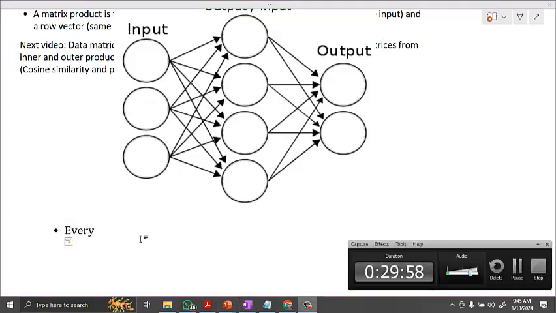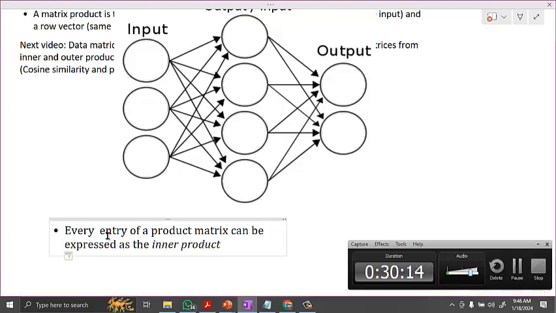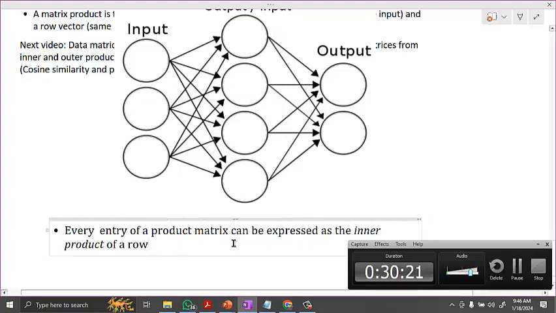Yes, I am. Okay. So every entry of a product matrix can be expressed as the inner product of a row vector of the first matrix times a column of the second matrix.